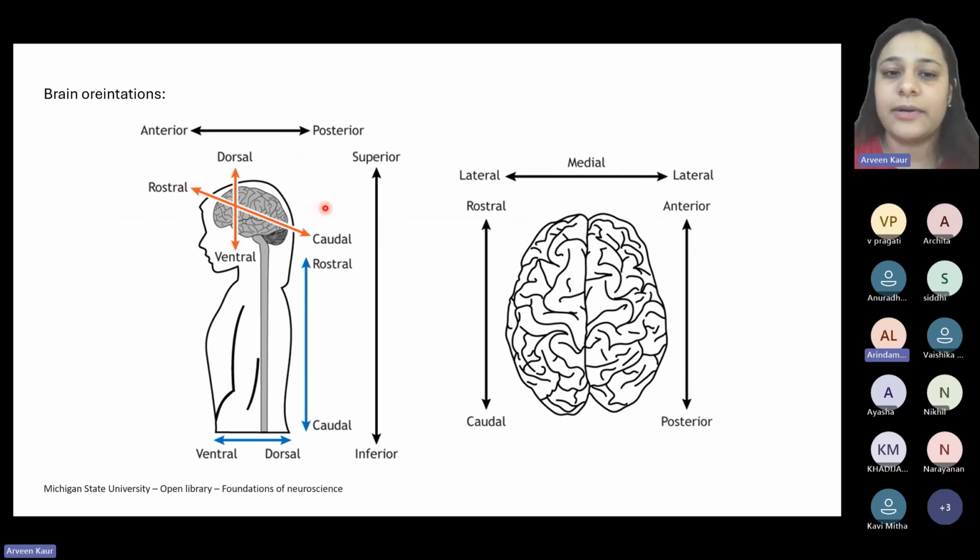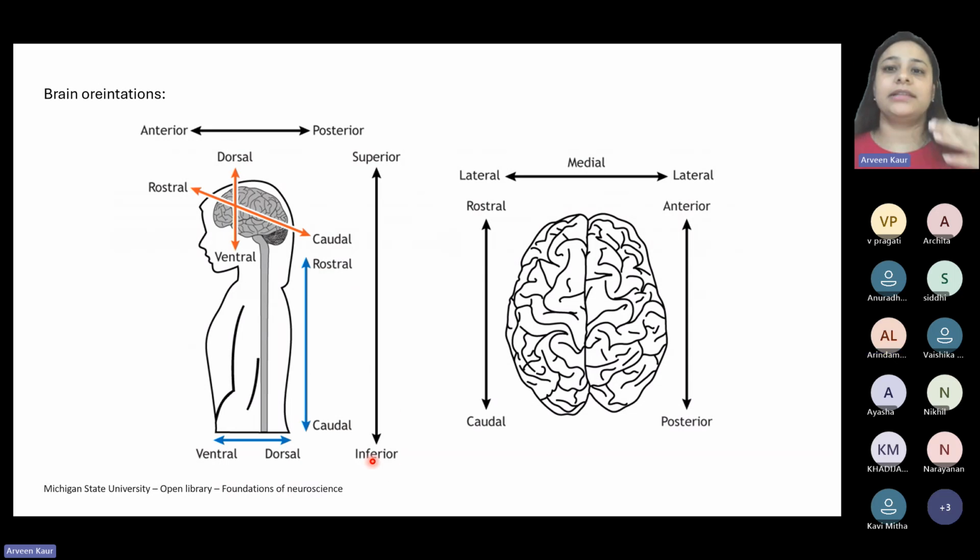So when we talk about these first two terms, that is anterior and posterior. What does anterior mean? Anterior always means ahead and posterior always means towards the back, right? So when we are talking about humans, the region of the brain that is towards my face is the anterior region, and the region of my brain that is towards my back, right? That is the posterior part, right? And then what is superior and inferior?